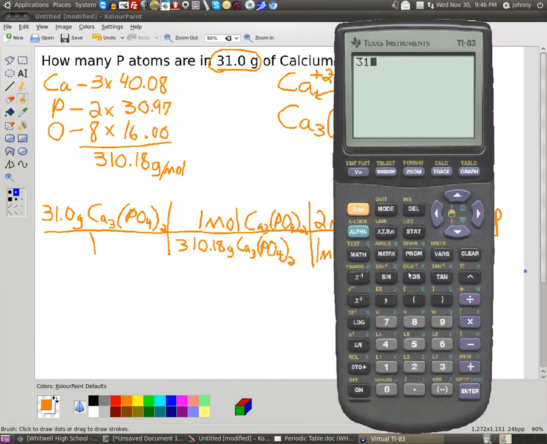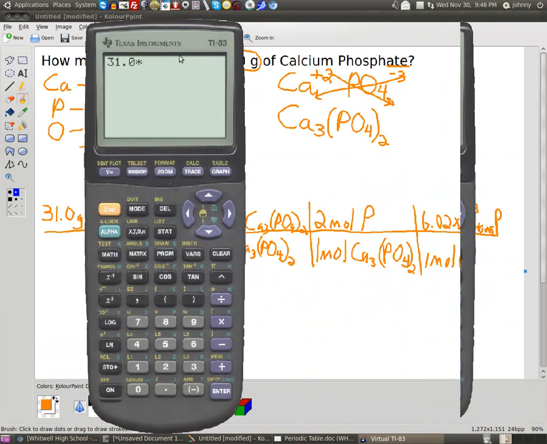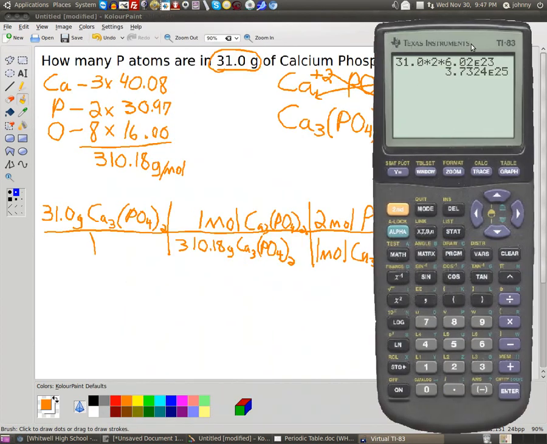Alright, now remember, you can just punch in the top numbers all at once. 31.0 times 1, which I'm not going to waste my time, times 2, whoops, sorry, the calculator's going crazy, times 2, times 6.02, times 10. Now remember, times 10, you hit second comma, times 10 to the 23rd. Press enter. Now that's the top number.